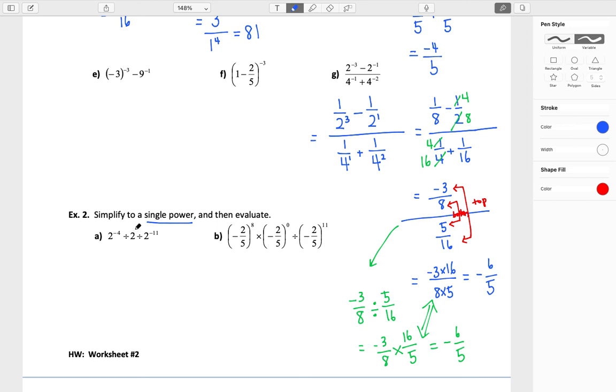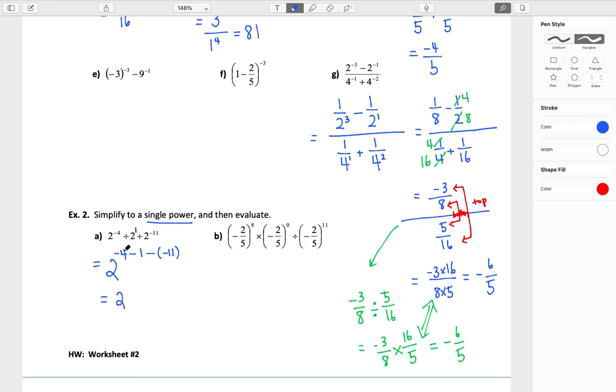And 2 has an invisible 1 as an exponent. So what we're going to do, the base stays the same, but for the exponent, I'm going to subtract: negative 4 minus 1 minus negative 11.